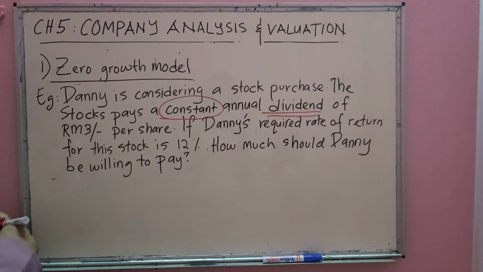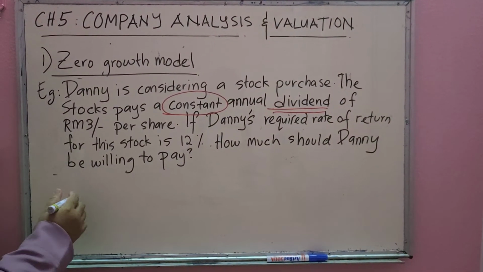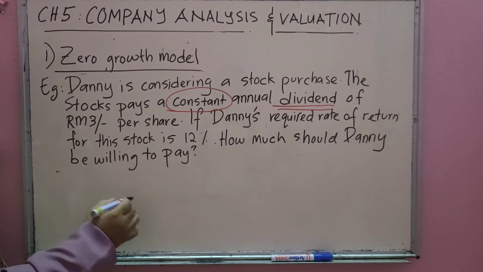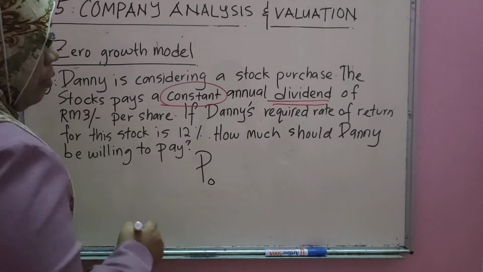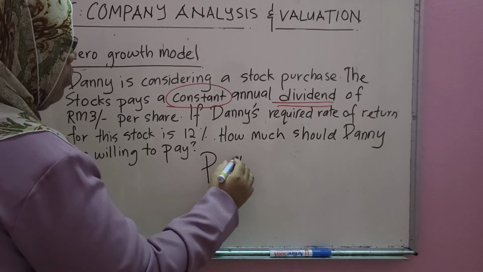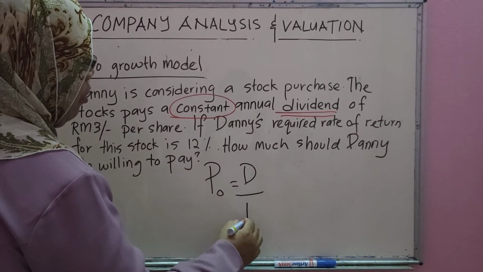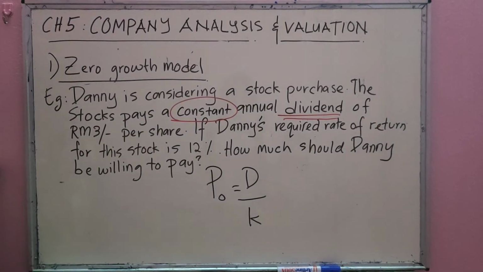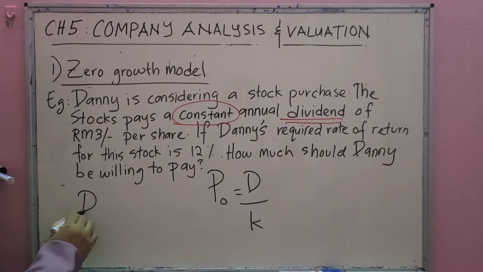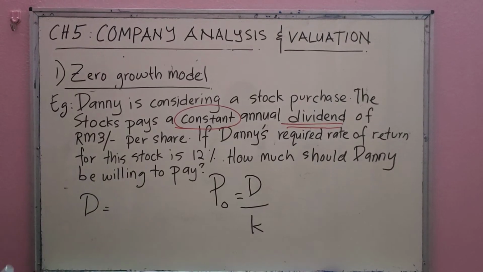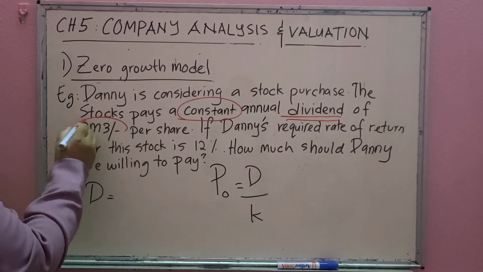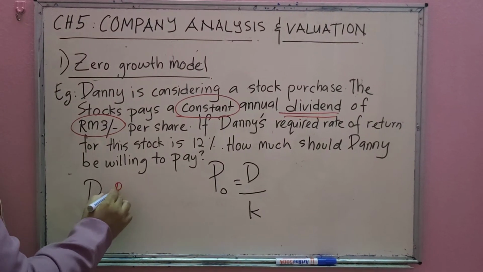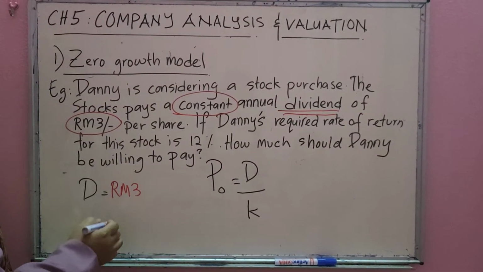So the formula that we should use based on this question would be, as shared with you just now, P, the price today, equals the dividend divided by the required rate of return. So let's look at what D is. The dividend here says that the stock is paying 3 ringgit, so D is RM3.